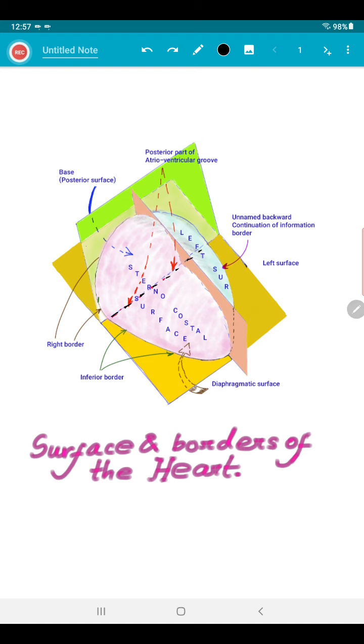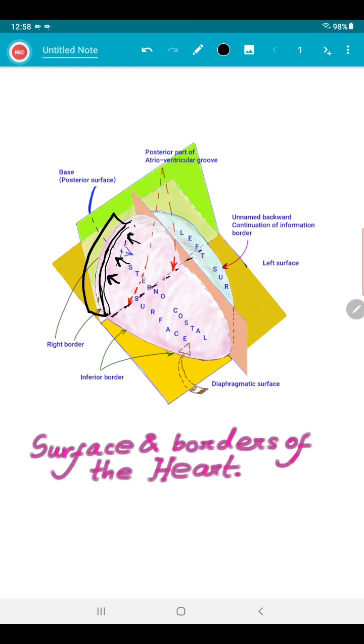This right border of the heart has a groove here which is known as sulcus terminalis. Now if you cut open here and reflect the wall of the right atrium, then from the internal aspect of the right atrium, corresponding to this sulcus terminalis groove, you will see a ridge which is known as crista terminalis.